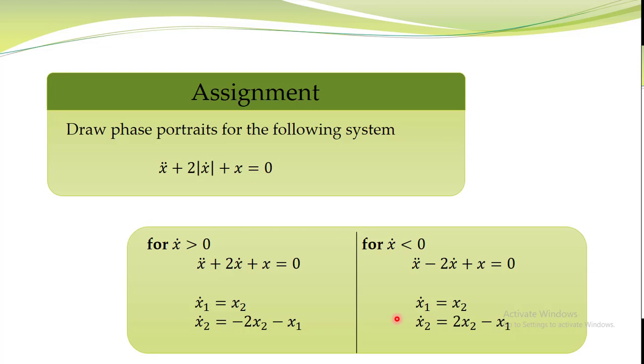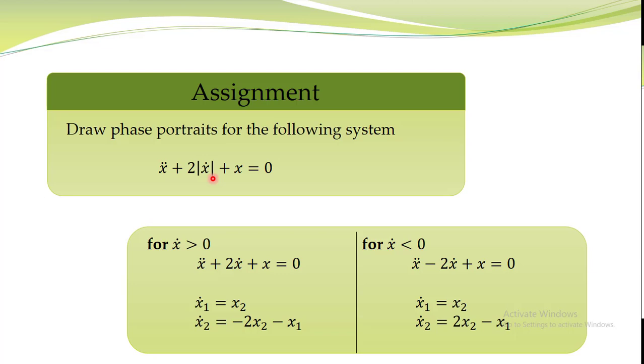So you draw isoclines for the upper half of phase plane, you draw isoclines for lower half of the phase plane, and then for a given initial condition, draw the trajectories. So you have to use this method of isoclines to draw phase portraits for this system, and then you have to verify your plot by using MATLAB.